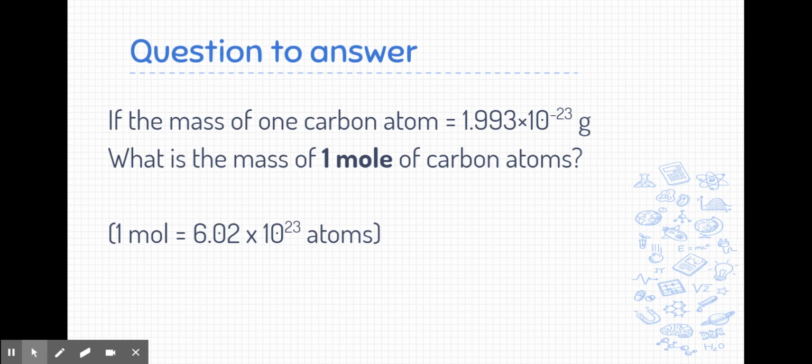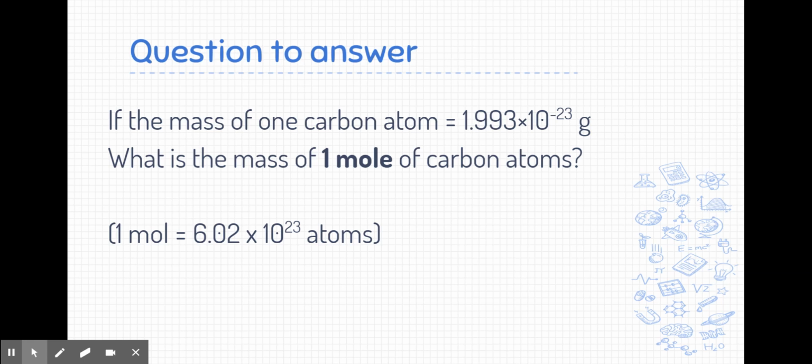Leading into our next video, which is going to be on relating mass to moles, here's a question for you to answer. I said on a previous screen that the mass of a single carbon atom has actually been calculated. And it's specifically equal to 1.993 times 10 to the negative 23 grams. That's the mass of one carbon atom.